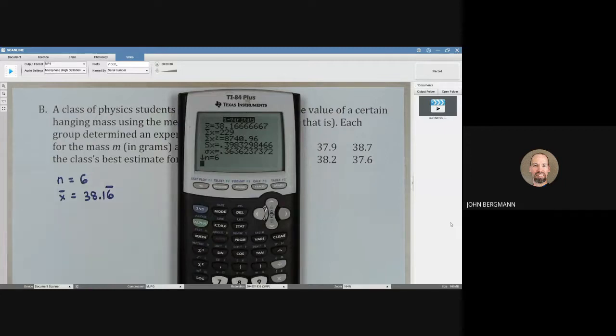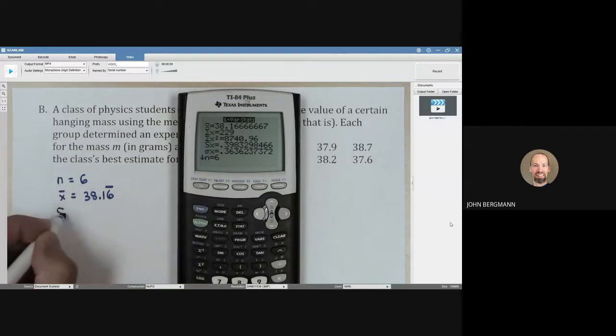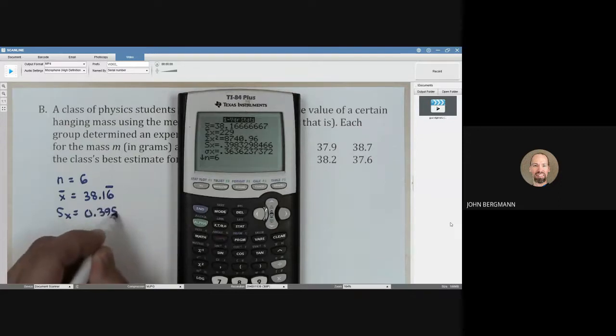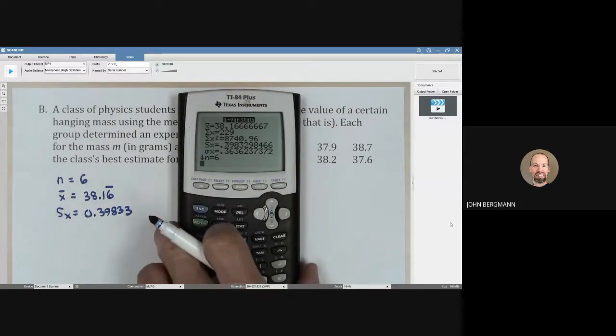The other value that we need from this screen is the S sub x value right there. So let's write that down. S sub x is 0.39833. That's all we need from that screen.